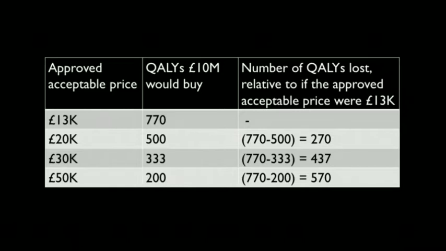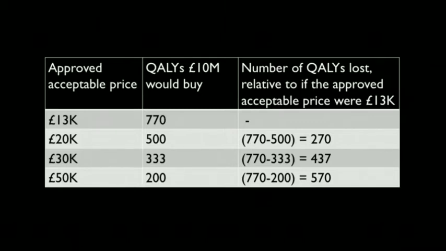The next row is the UK becoming more generous: we'll only provide drugs if the drug buys us one QALY at £20,000 or less. The next row is their current threshold at £30,000. And the last row is them being generous and saying, we'll give our people a drug as long as it gives us one QALY at £50,000.